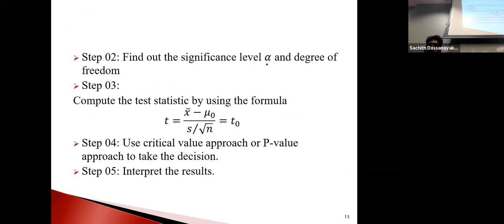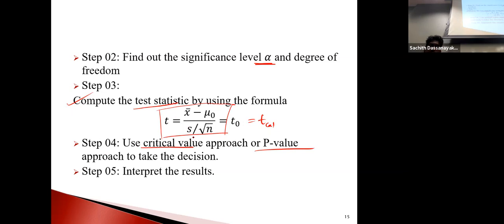Step number 2 is to find the alpha. First, figure out what your alpha is. Then compute the test statistic t naught, or simply we call it t cap. It doesn't matter, t cap or t naught, using this formula right here. Use either the critical value approach or the p-value approach to make your decision.